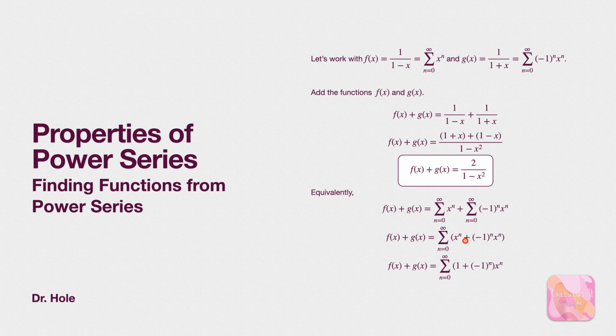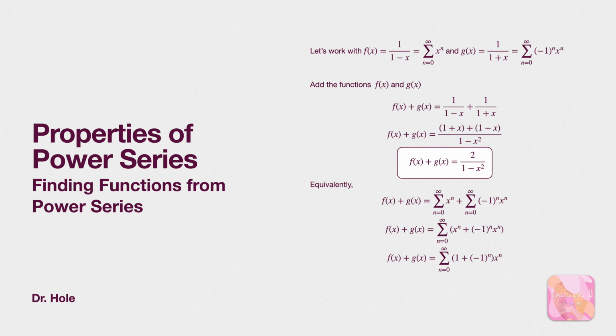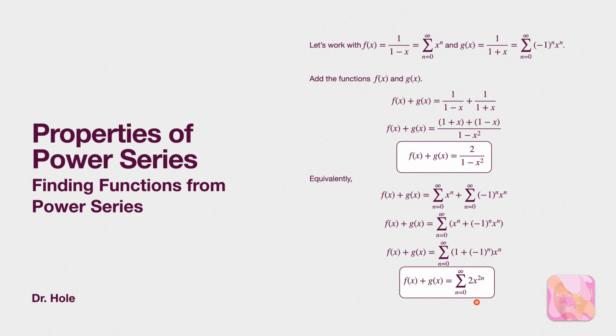Let's first pull off x to the n. And then this quantity negative 1 to the n will either be negative 1, leading to 0, that term goes away, or 1 plus 1, leading to 2. So what we're saying is that only the even powers remain.